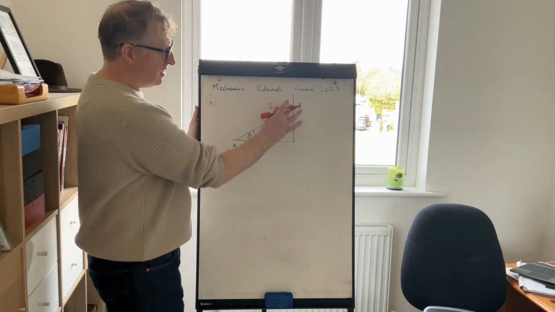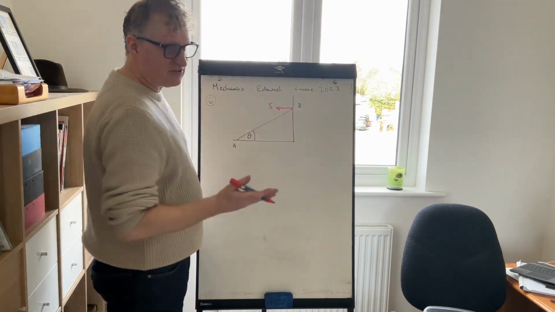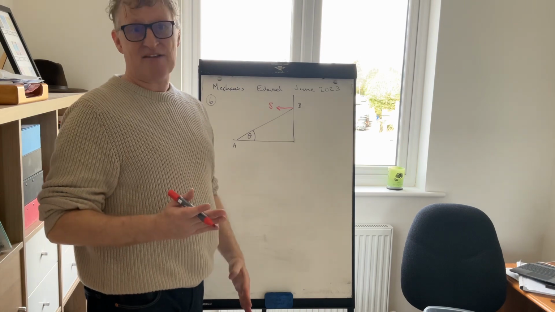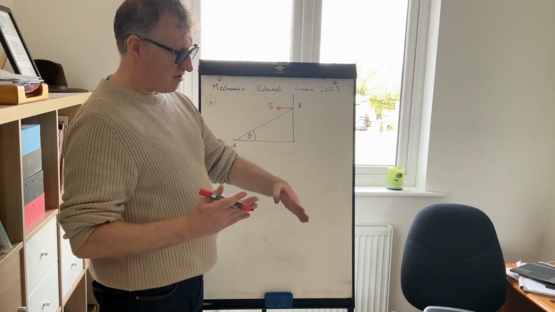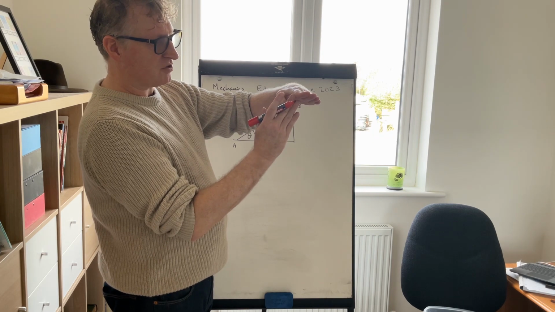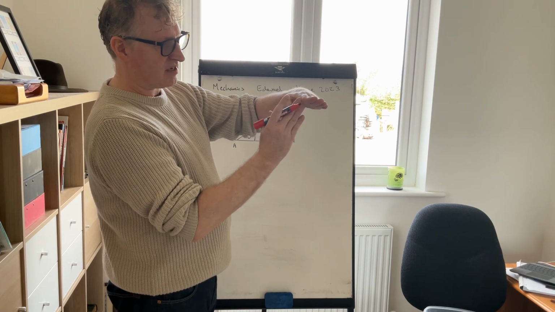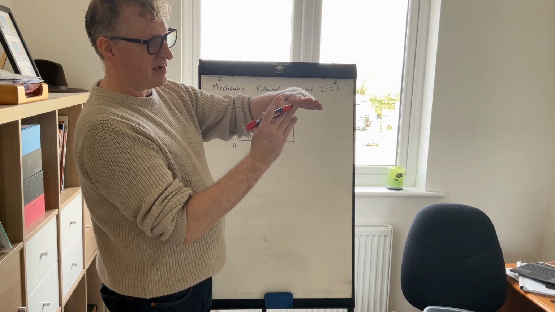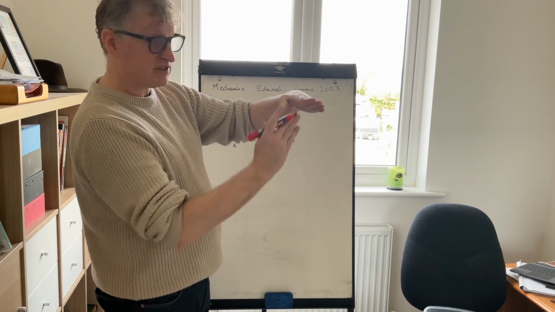Just a little note about this. Normal reactions are called normal reactions because they act at the normal to the surface, so perpendicular to the surface, basically. If you've got a reaction coming out from the surface and it's a normal reaction, it's always going to act at right angles.